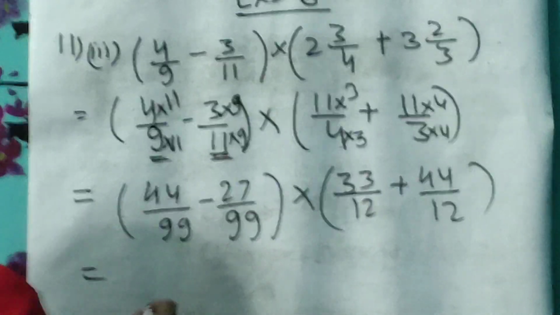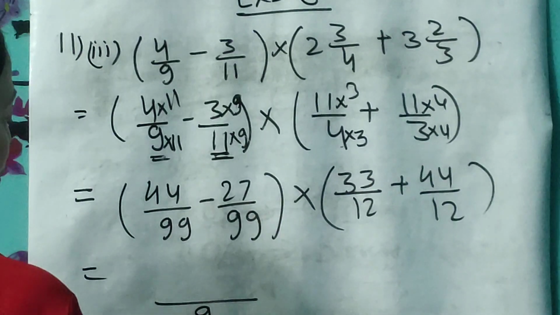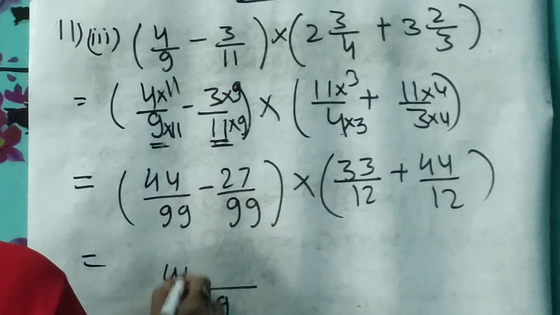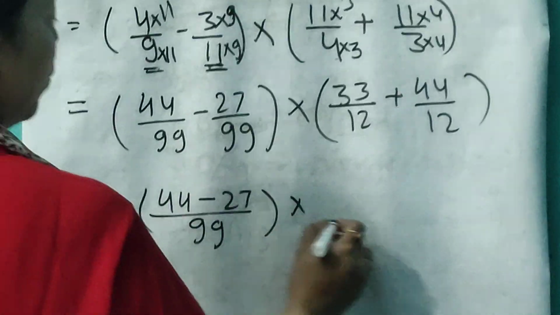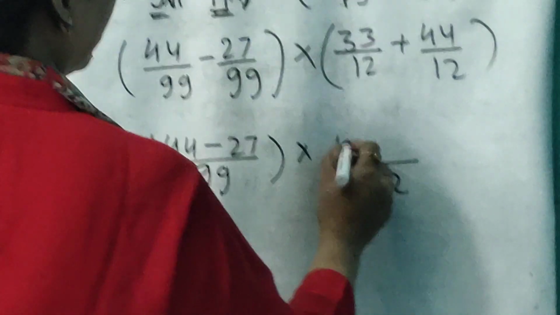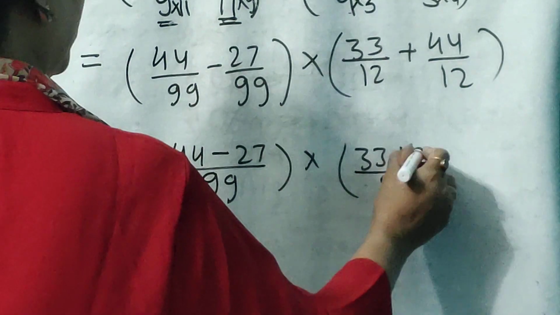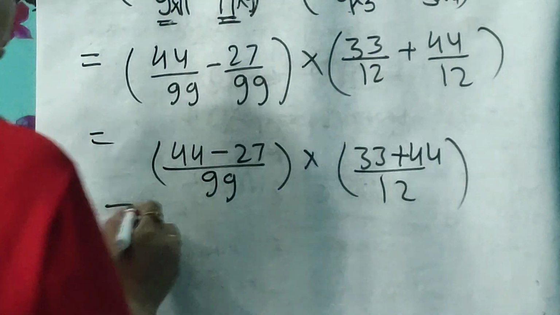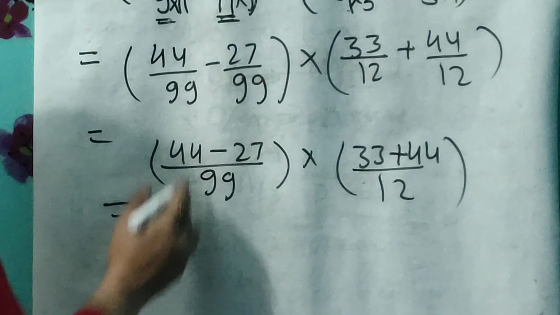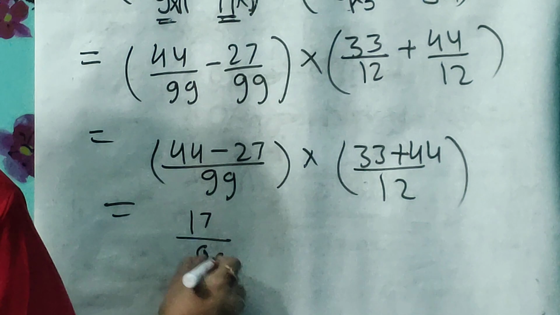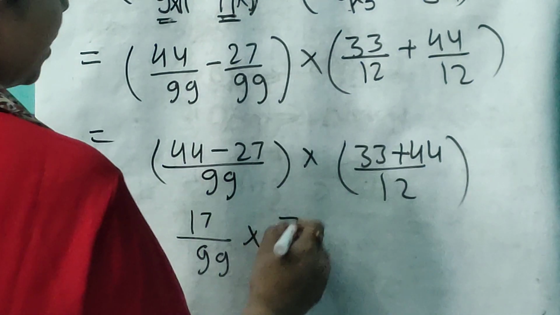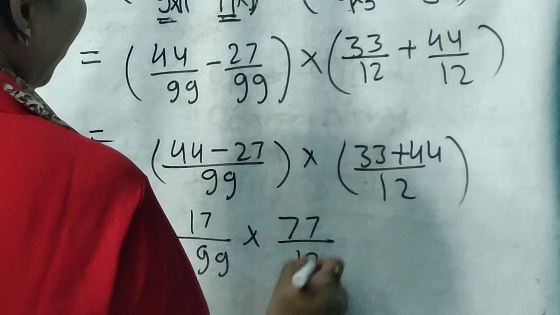So now you can subtract. So 99, and this will be 44 minus 27, into here 12 and 33 plus 44. So 44 minus 27 will be 17 upon 99 into here it is 77 upon 12.